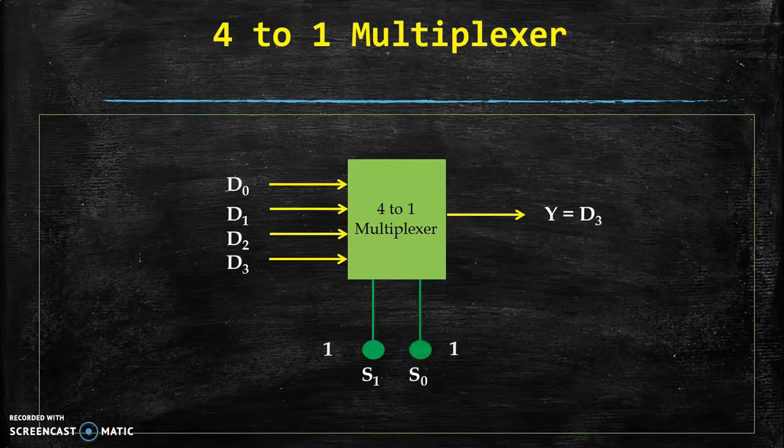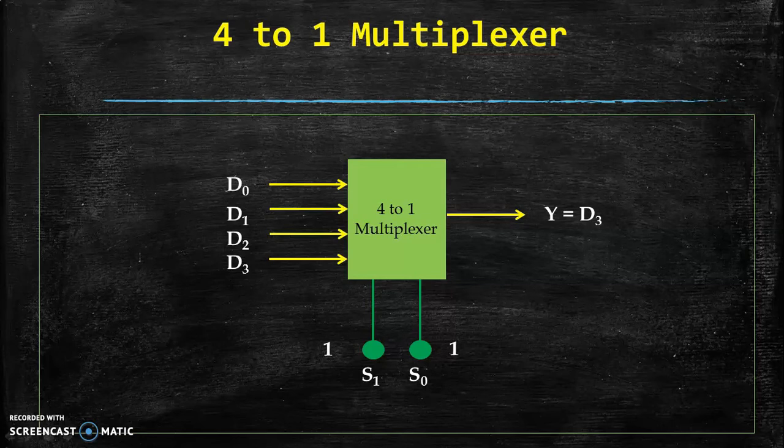And last condition, that is 1, 1 and output Y is equal to D3. So this way we can see that based on the combination of S0 and S1, we have various output signal available and at a time only one data will be transferred to output.